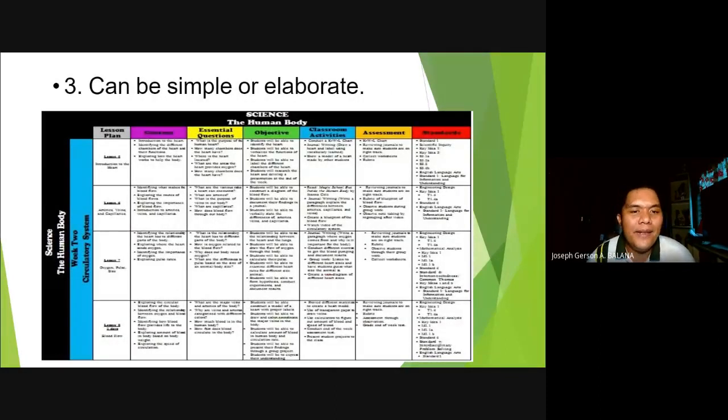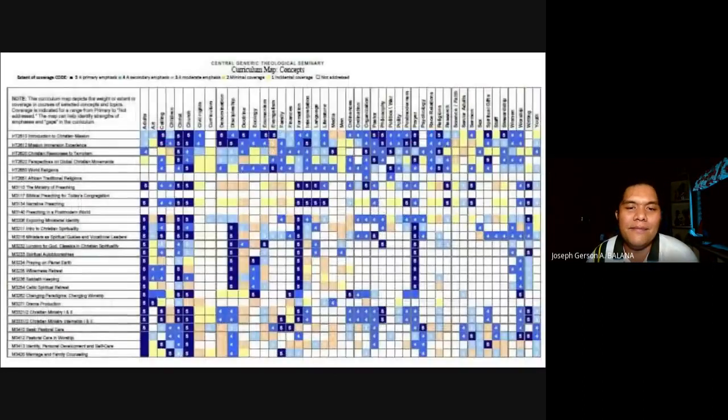It can be something simple like a chart, or it can be elaborate. Of course, something like this. This is a college level curriculum map, a general identification of curriculum. It no longer uses sentences but coding.